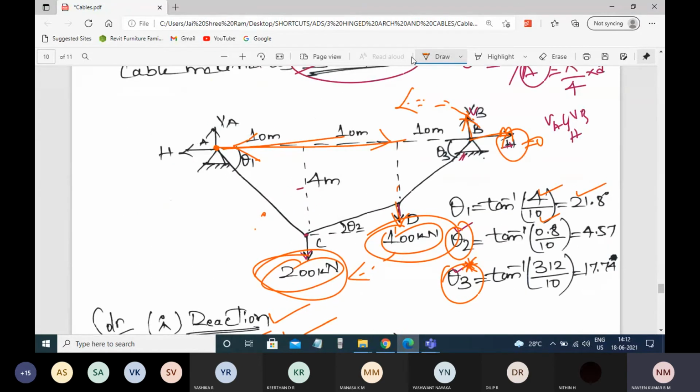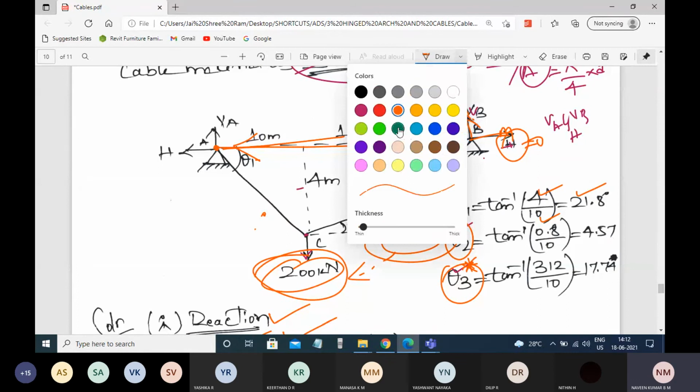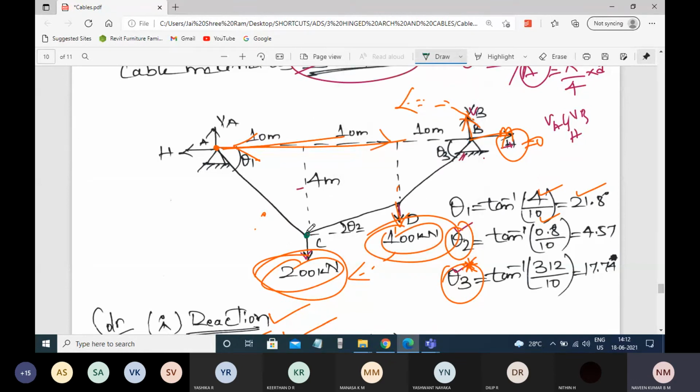If I consider moment at C, which forces are acting? VA and H. VA is a force acting vertically upward. To reach C, you require a perpendicular distance of 10 meter, and the rotation is clockwise. So plus VA times 10. Then H is a horizontal force.